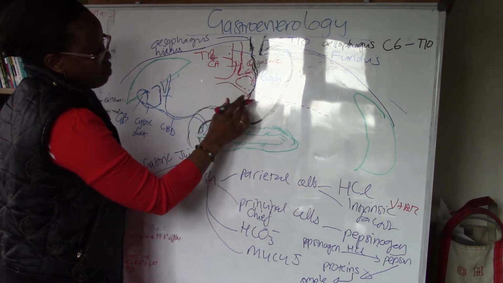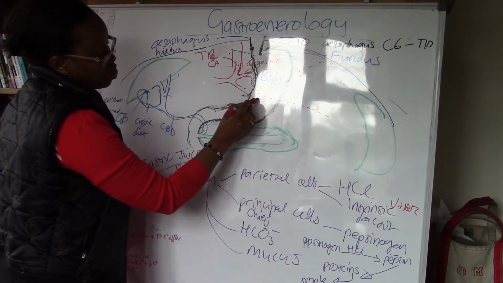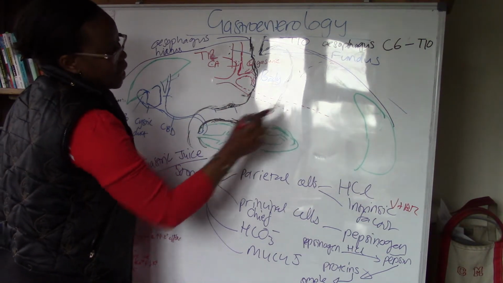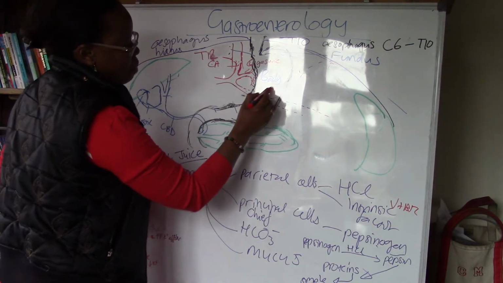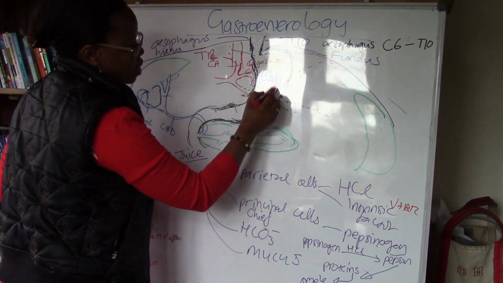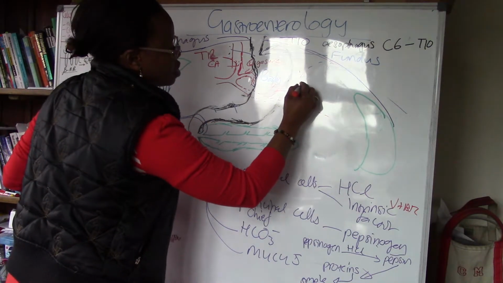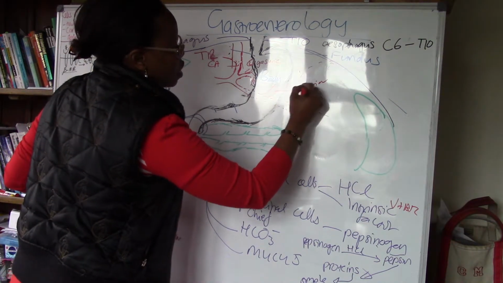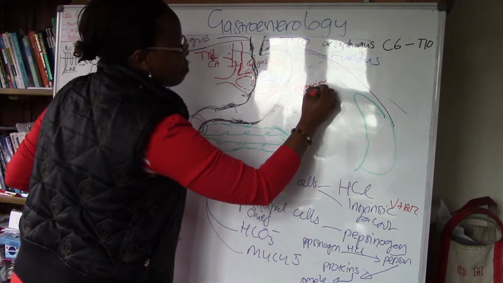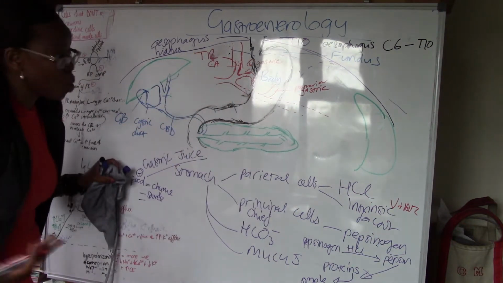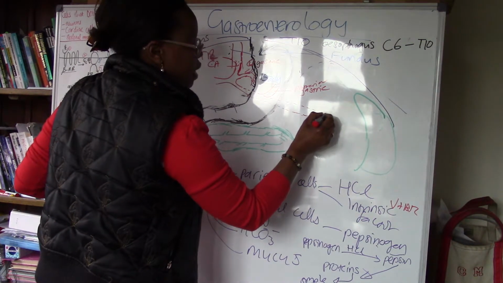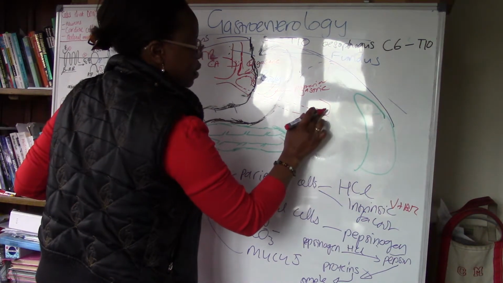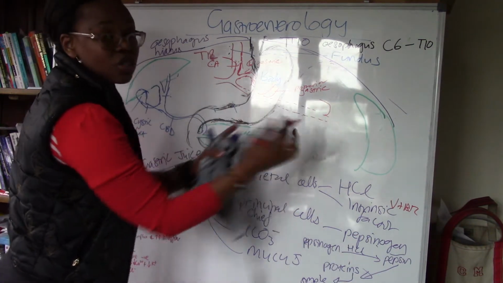which takes a very long, tortuous route to the spleen, and as it does so, it gives off a posterior gastric. So this is the posterior gastric, which supplies the posterior aspect of the stomach, and then it also gives a lot of other gastric arteries, which, obviously, are much closer in the human body.